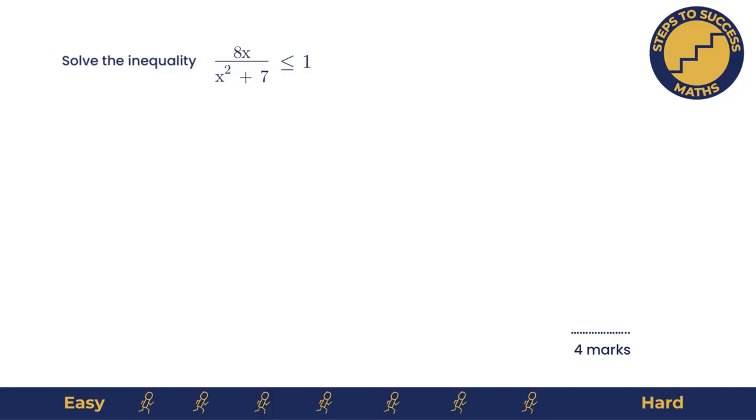Okay, so here's a slightly different looking one, but we're going to do the same thing. Solve the inequality. 8x over x squared plus 7 less than or equal to 1. So we're going to multiply through by x squared plus 7 to get rid of the fraction. 8x less than or equal to x squared plus 7.